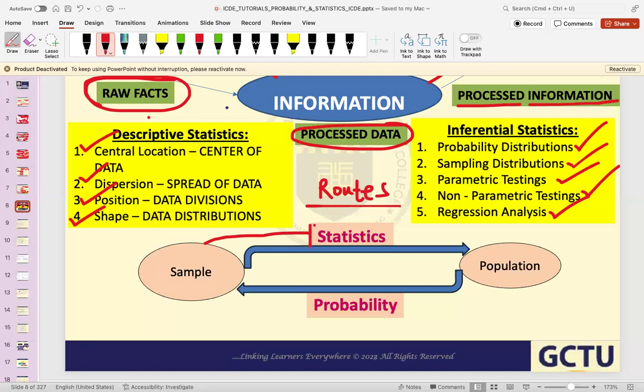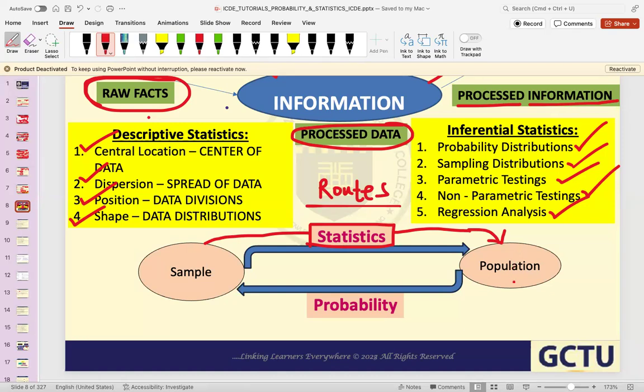We'll go through the medium of statistics, and then we use the medium of statistics to quantify the sample we have, and then we conclude with the population.